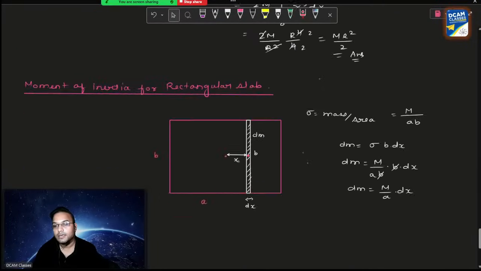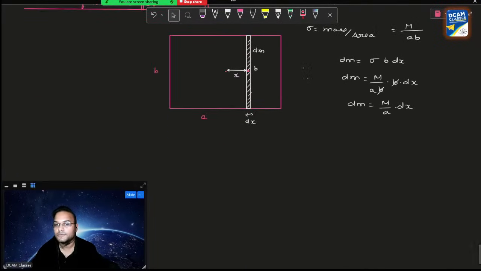Now the moment of inertia of this rod about this axis passing through its center, where my cursor is, is dIg, which is dm into b square by 12.